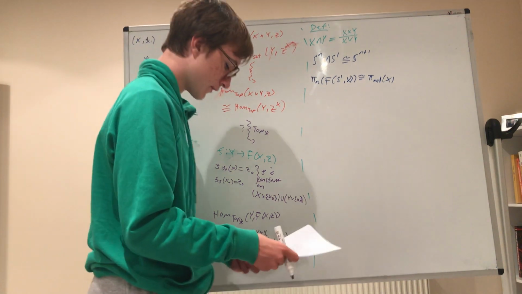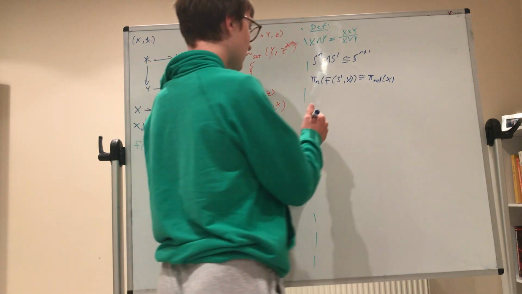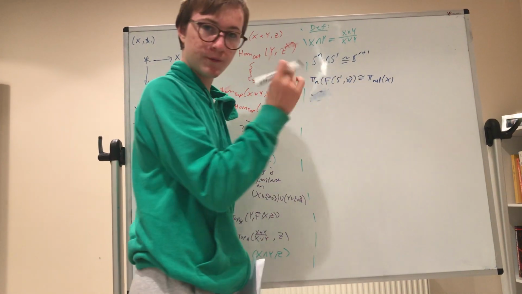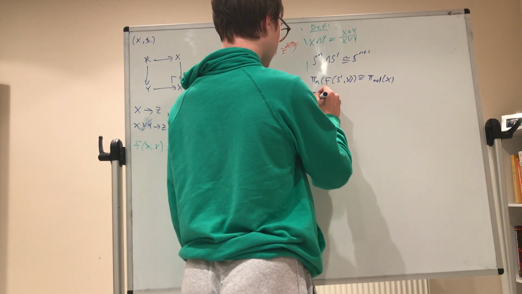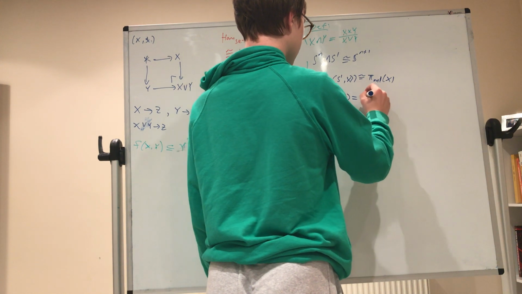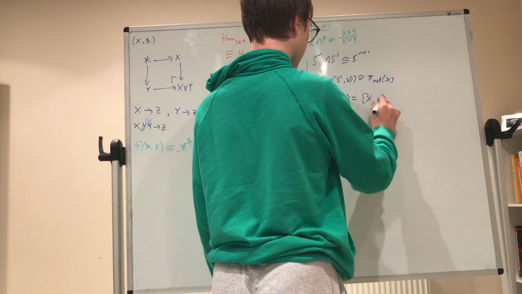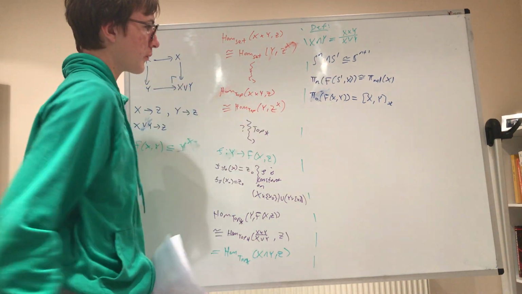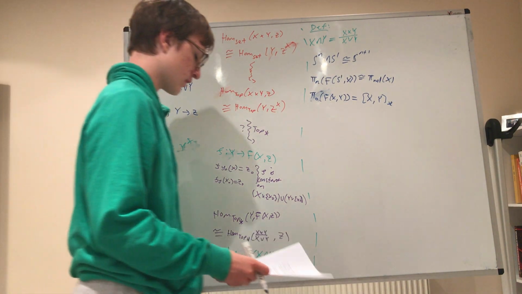Well, firstly, the important thing to note is that pi 0 of F of x, y is equal to the set of based homotopy classes of maps between x and y. So from here, this is how it goes.